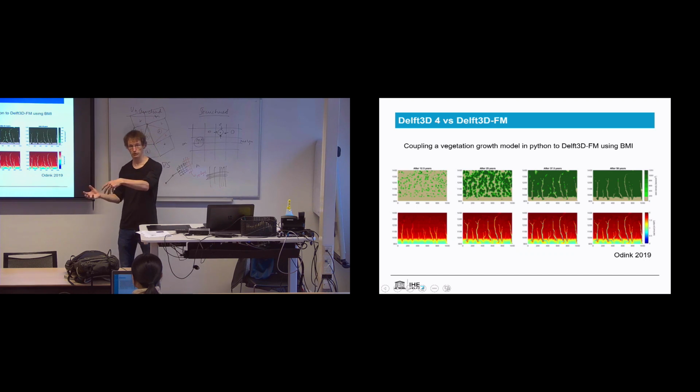And then FM can do its own hydrodynamic calculations and morphodynamics based on those roughness values, give updated flow fields back to the vegetation growth model, which can then calculate a new growth step, and then give back the roughness, and so on. So you have a back and forth communication, really tight, nice coupling, with nice results.